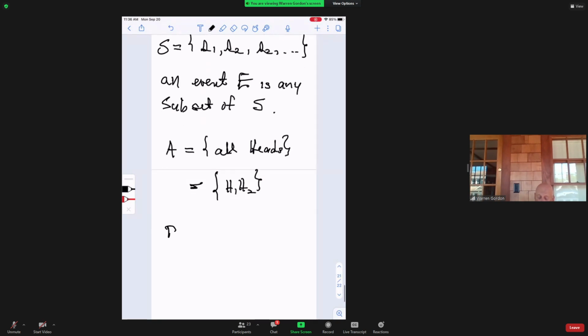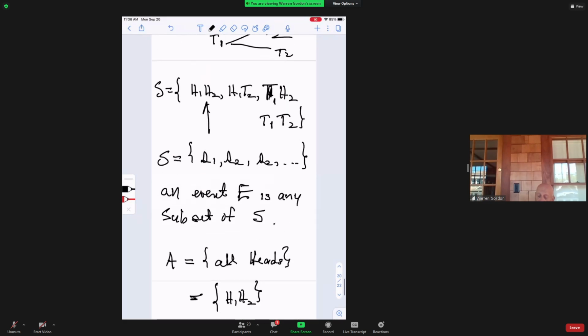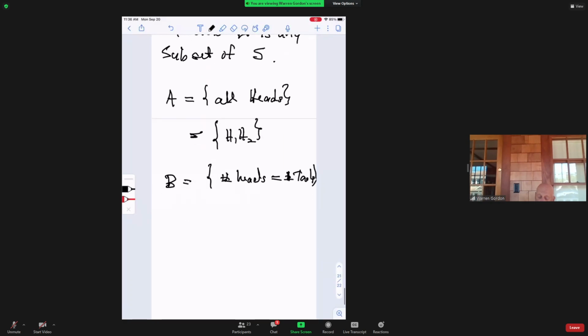Another event could be the number of heads equal to the number of tails. How could that happen? Well, the only way the number of heads can equal the number of tails is if I get one head and one tail. Is there any other way? That would be B.